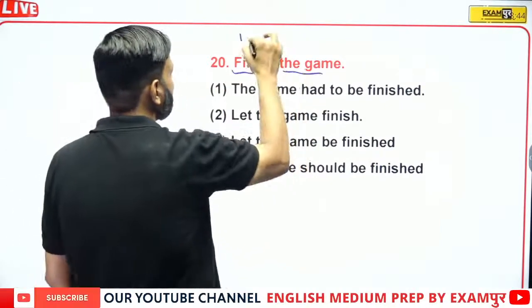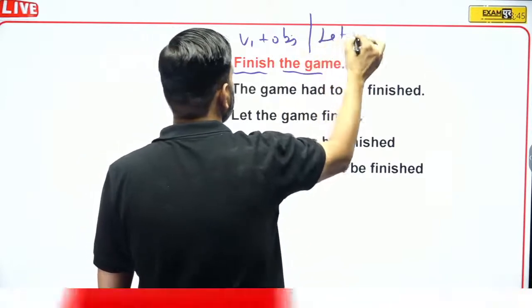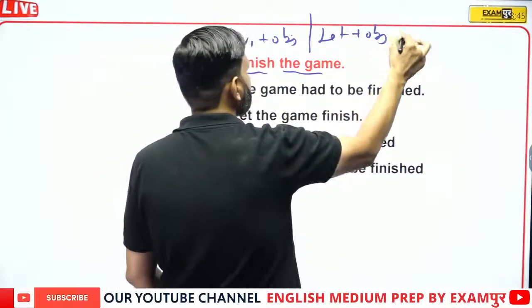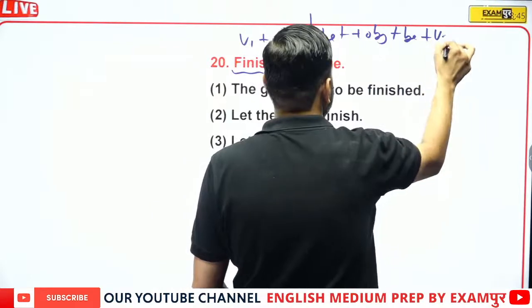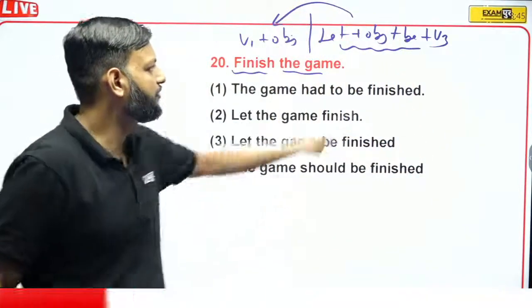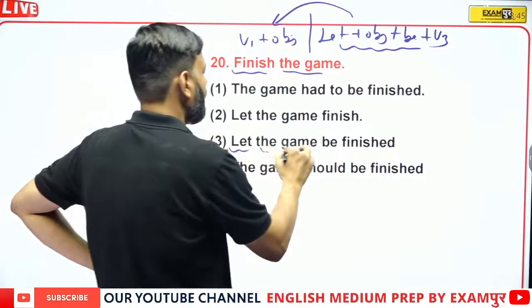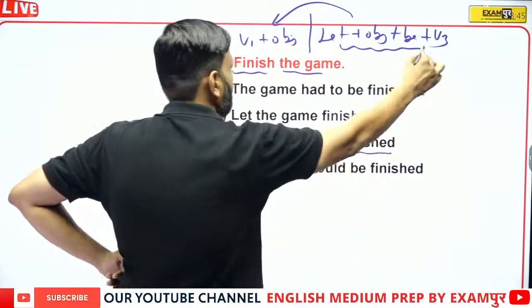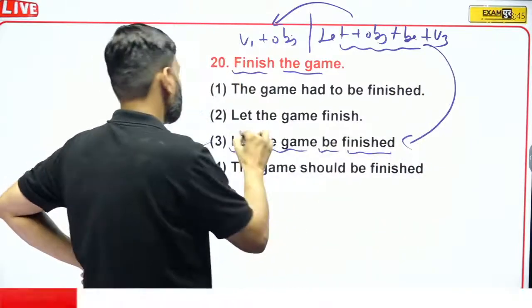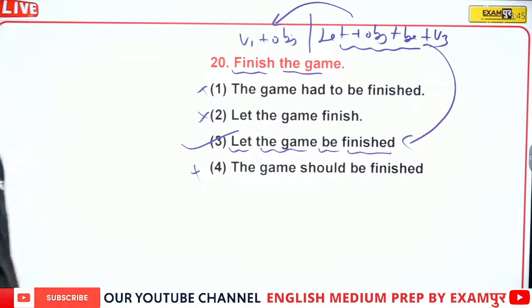An imperative sentence has let plus object plus be plus third form in its passive. So this is the passive structure of an imperative sentence. Here we have let, then object, then be, then third form. Here we have this structure. So option number 3 is the right answer.